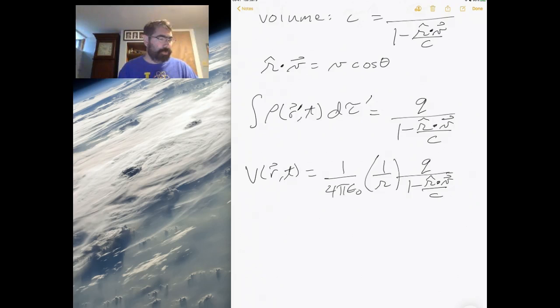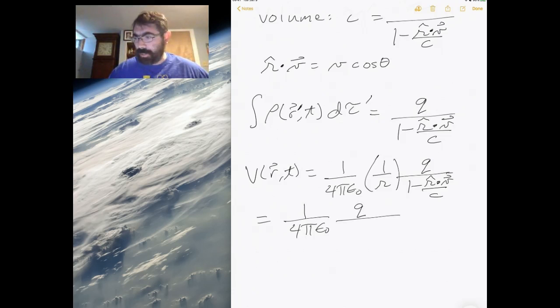So what I could do is multiply through by that r, and so what I get is 1 over 4 pi epsilon naught q c over rc minus r dot v.